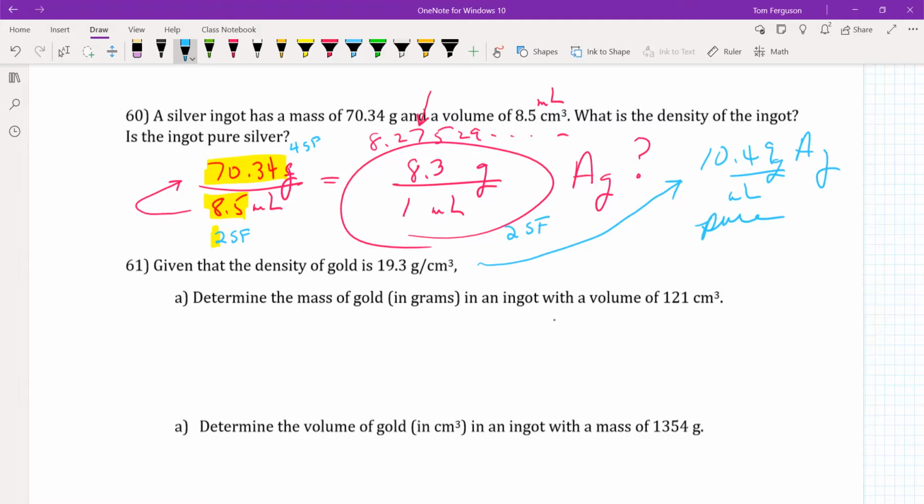Okay, so does that problem make sense? Number one, how to calculate density. We need a mass, we have a volume. We divide the volume into the mass so that it gets to 1 milliliter. That density then is almost unique for every single component, whether it's a pure component or a mixture.